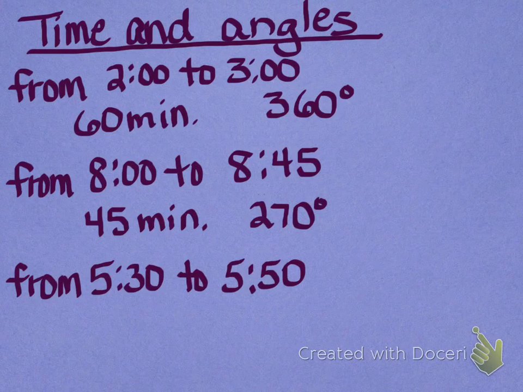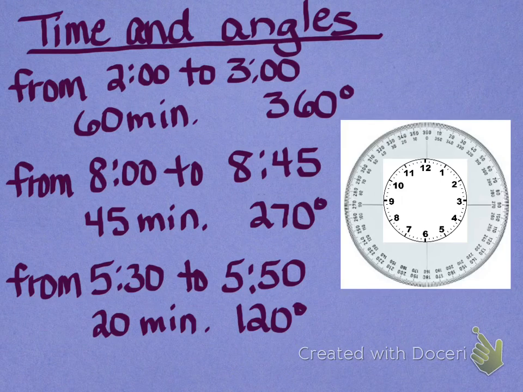If I said from 5:30 to 5:50, that would be 20 minutes or 120 degrees. So I put both of those pictures up there for you to reference real quick if you want to look back at those problems and try to figure out how I got the degrees for each of those times. Now would be a good time to look at that and see if you can figure that out.